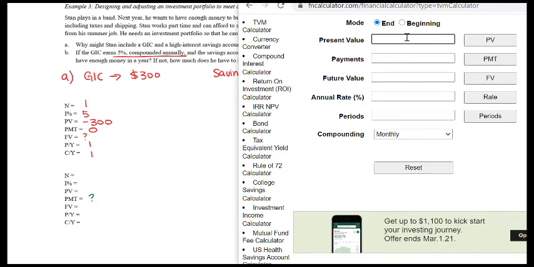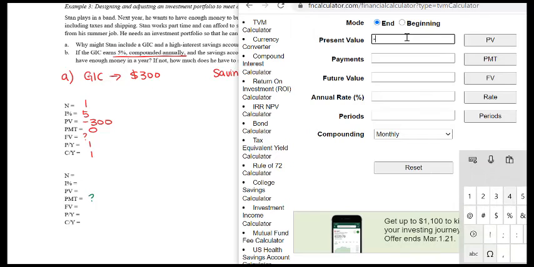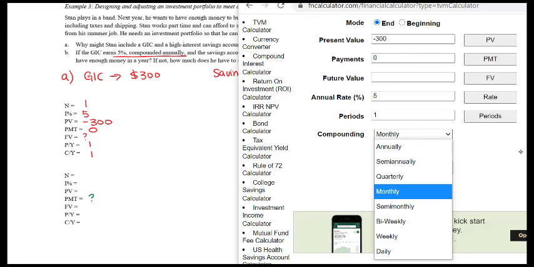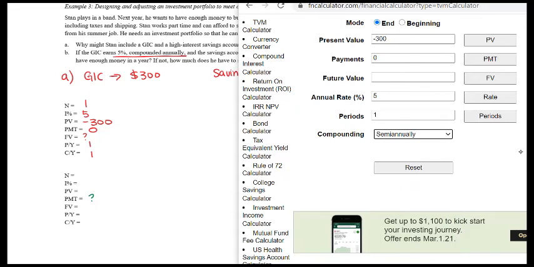So present value is going to be negative 300. Payment, there are no more payments. Future value, that's unknown. Annual rate is 5%, periods is 1 year, and it is annually. Let's click the future value, and he now has $315.